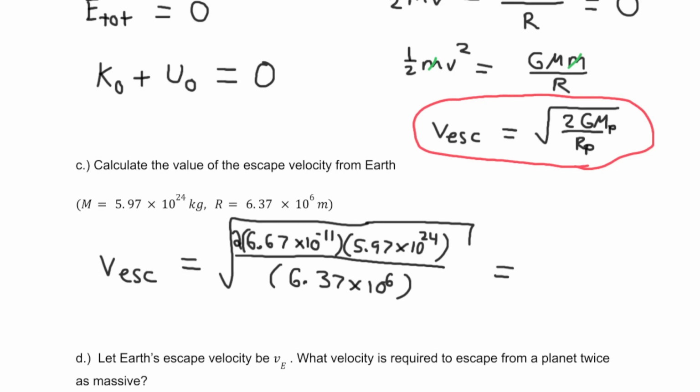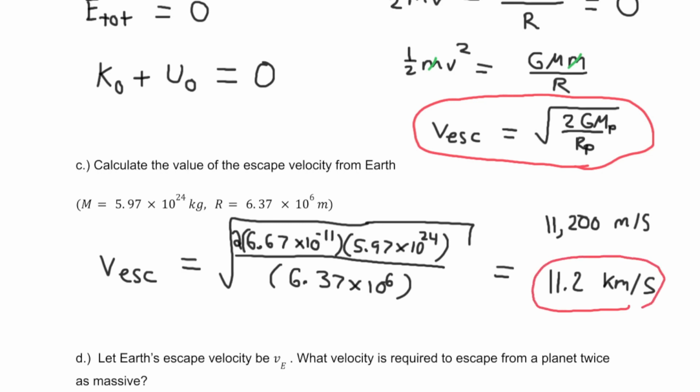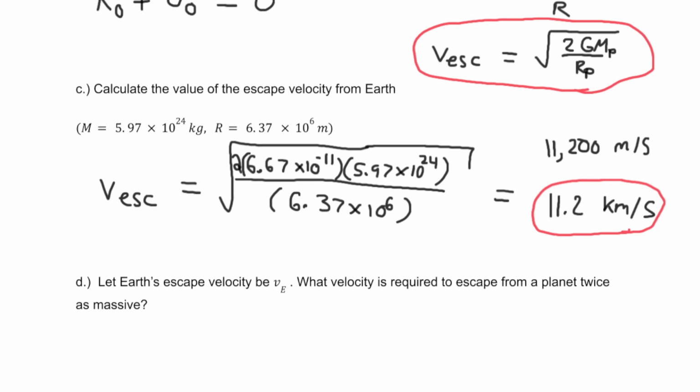If we do that, it's about 11,200 meters per second, which is 11.2 kilometers per second. And that's without air. In reality, air is going to take some energy as well and do some work on the system. But on a planet with no atmosphere, if you launch straight up at 11.2 kilometers per second, you will escape.